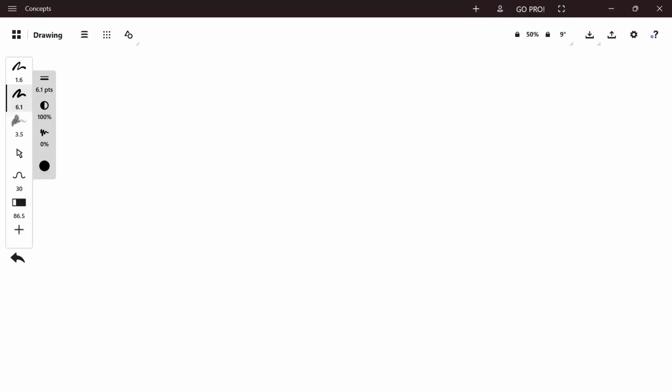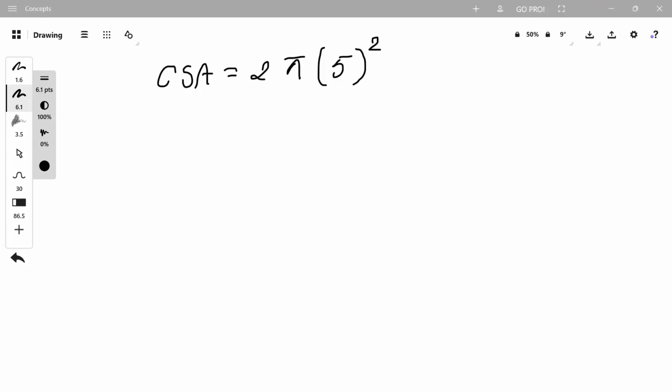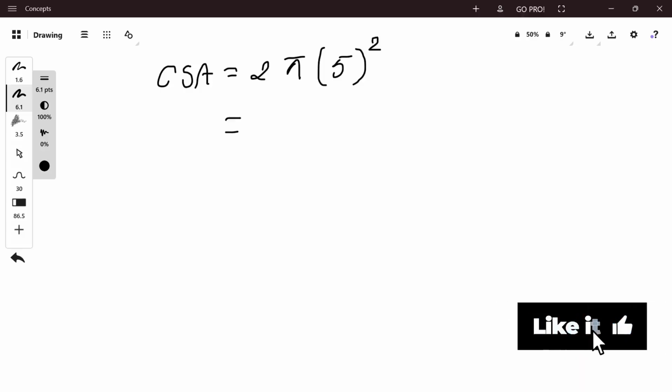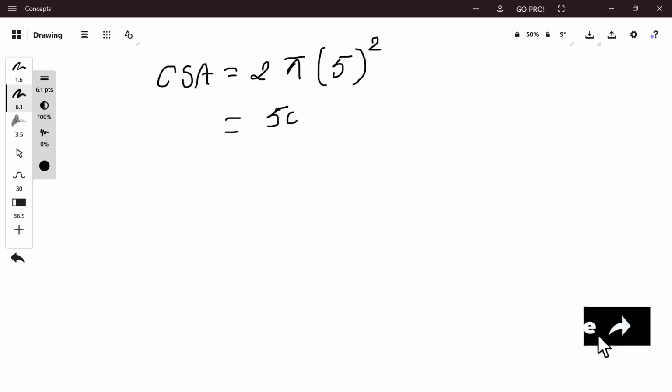The formula for curved surface area of a hemisphere with radius r is 2 pi r square. Given r is 5 centimeter, CSA is equal to 2 pi r square, that is equal to 50 pi centimeter square.